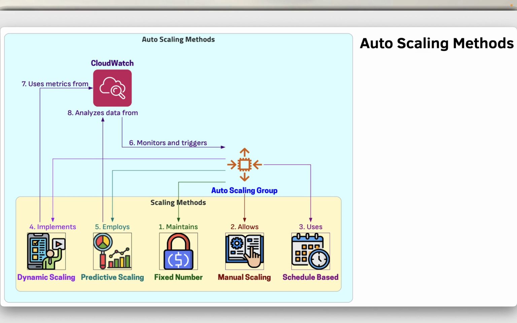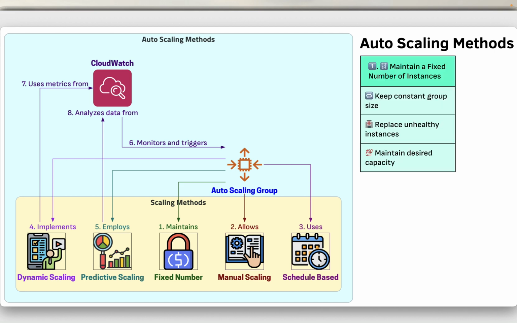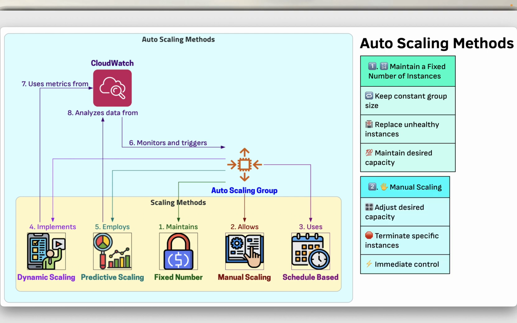So let's see some Auto Scaling methods. First one is maintaining a fixed number of instances. So you keep your Auto Scaling group at a constant size, replacing unhealthy instances automatically to maintain desired capacity. Second, you directly adjust the desired capacity of your Auto Scaling group or terminate specific instances as needed for immediate control.